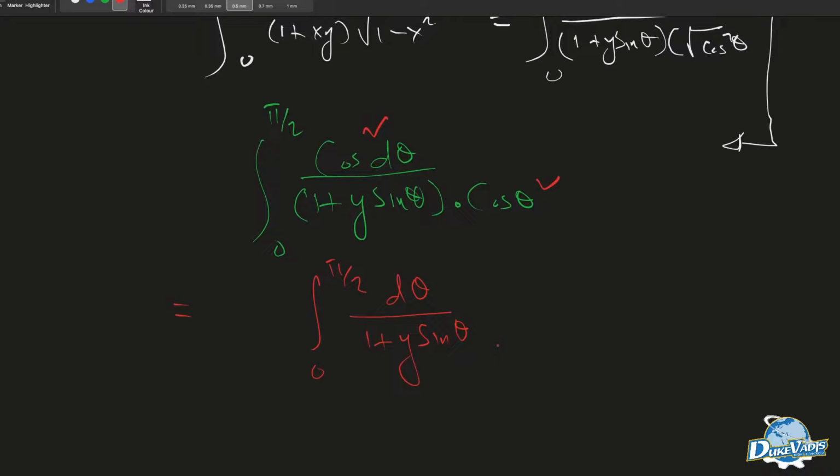Okay, so what comes to mind? Because you see, we have 1 plus y sine theta d theta. If we look at this very carefully, we can break it down by substituting for theta here. Let z be equal to tan theta over 2.